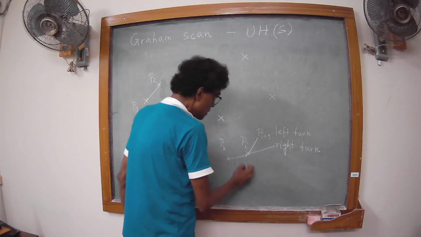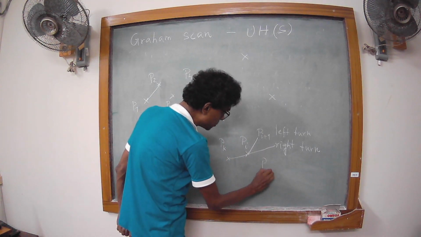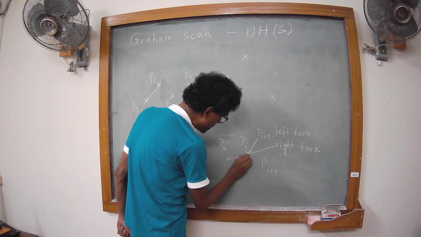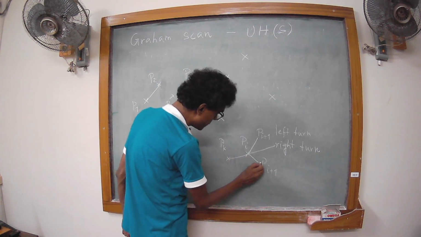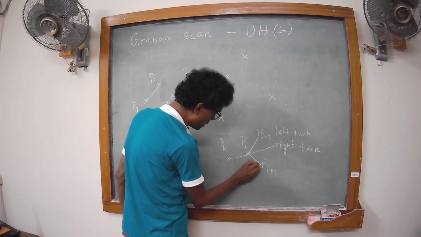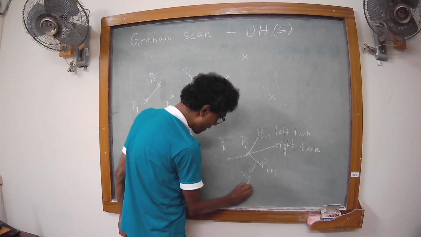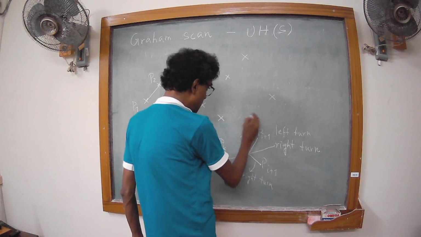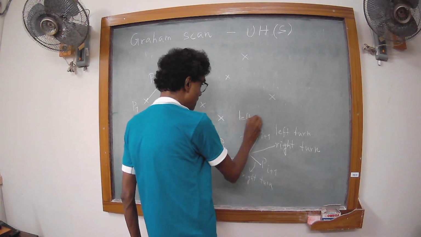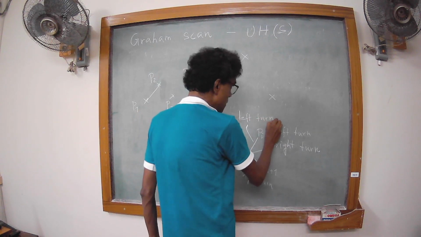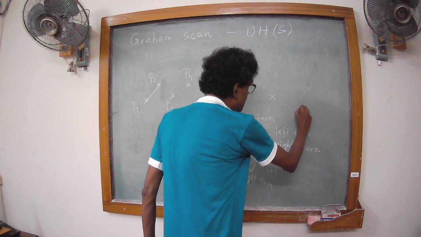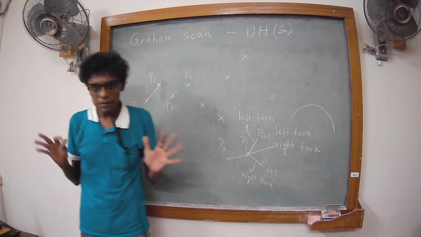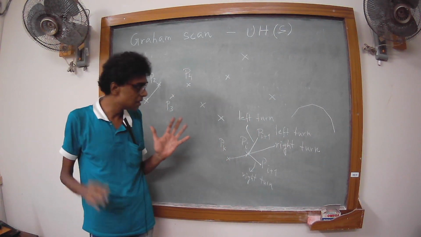On the other hand, if Pi plus 1 is here, then you are moving from Pk to Pi and then you made a right turn. So this case is called a right turn. This is called a left turn. Now if you look at the hull, it's something like this. All turns must be right.